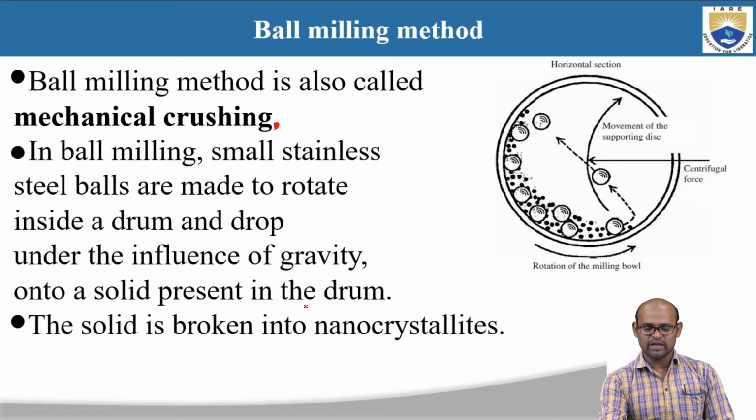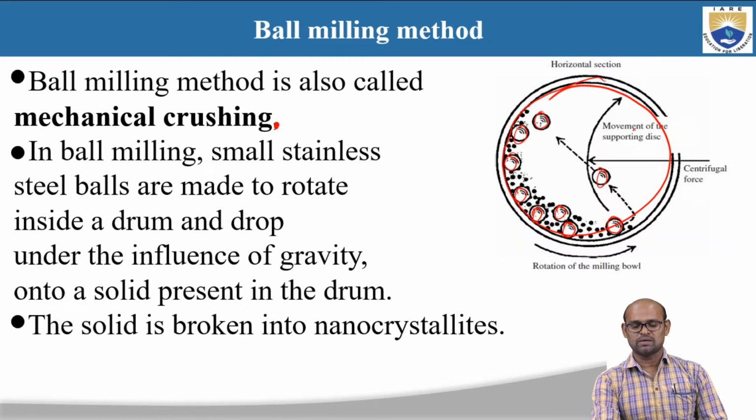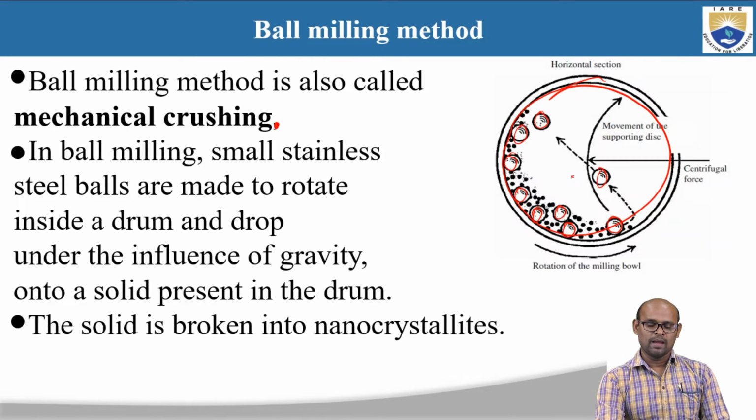We have taken a spherical drum, and we have kept stainless steel balls in this drum. In this drum we have kept some stainless steel balls, and we also kept some material. The material will be here.